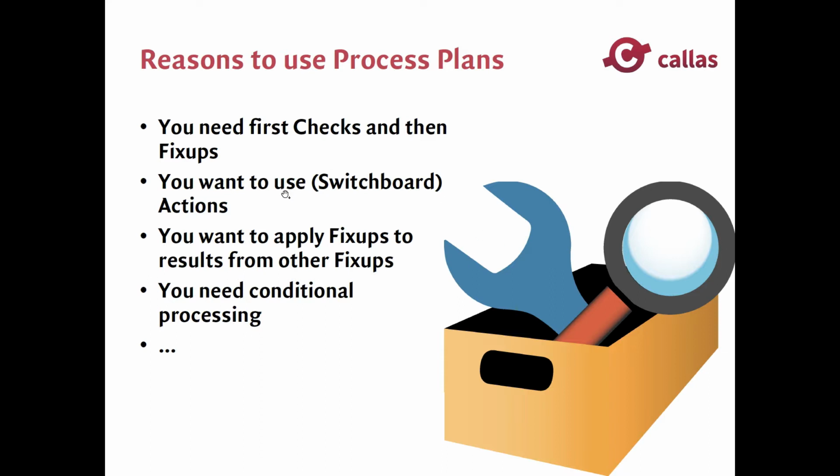Or you want to use actions that come from the switchboard, or you want to apply fix-ups to results from other fix-ups, so you have some order. Or you need conditional processing, where only in certain circumstances you would execute certain steps. So these are just a number of reasons, and you may wonder what this is, actions in a switchboard.